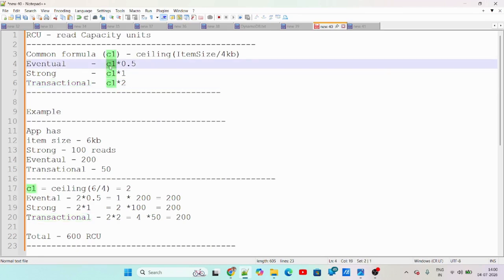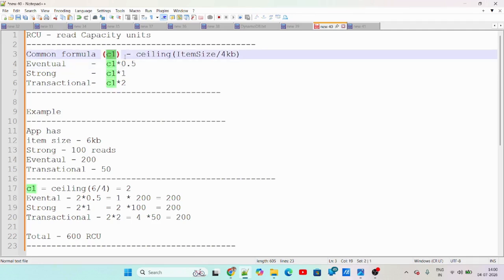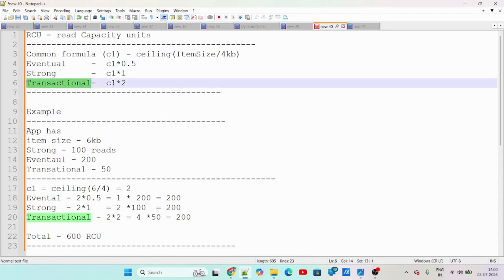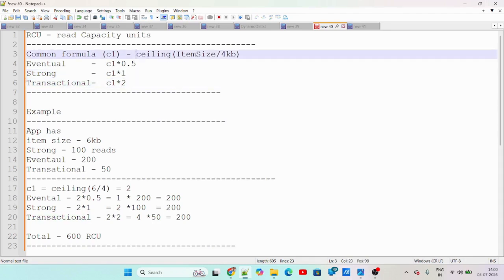So in the case of eventual, you multiply the value that you get in C1 by 0.5. In strong, you multiply it by 1, and in transactional, you multiply by 2. If you remember that eventual, strong, and transactional are multiplied by 0.5, 1, and 2, it becomes easier.